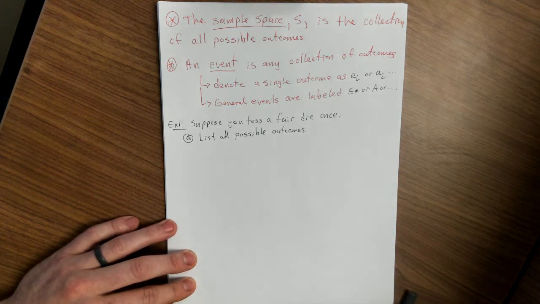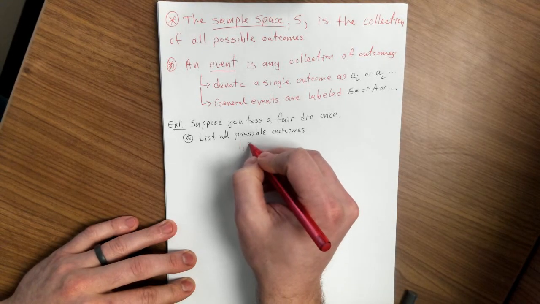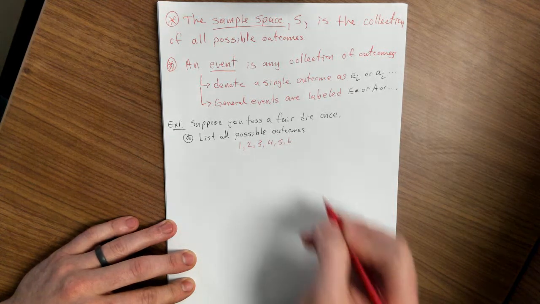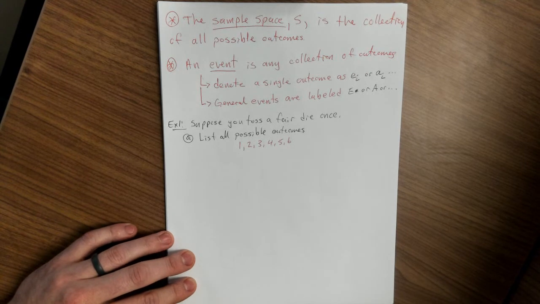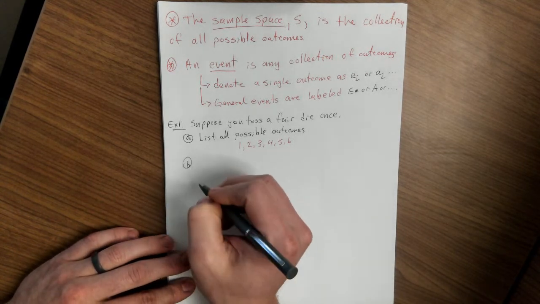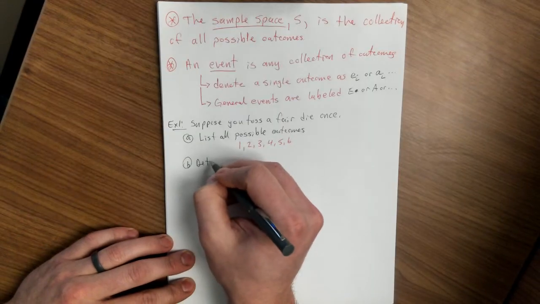Well, let's just list them. A die has 6 options: 1, 2, 3, 4, 5, and 6. Here we didn't do anything except list all of our outcomes. Now let's actually apply what the sample space means. Part B: determine the sample space.